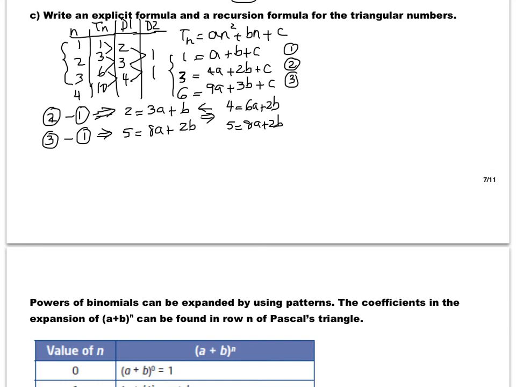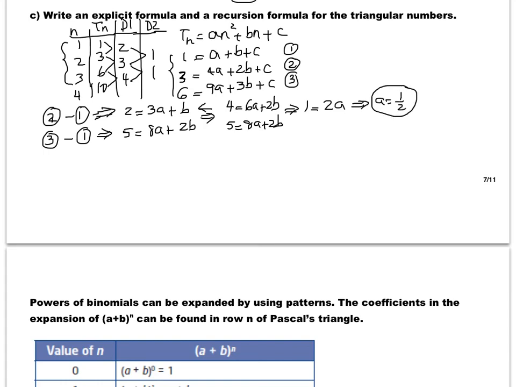Now if I subtract the top equation from the bottom equation, I get 5 minus 4 is 1, 8a minus 6a is 2a, 2b minus 2b is 0. From here, I get that a is 1 over 2.